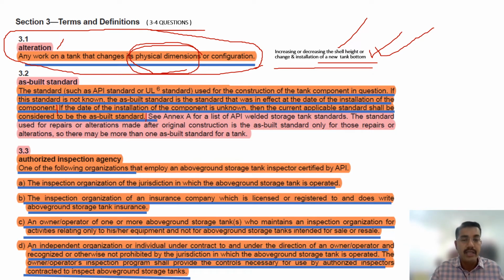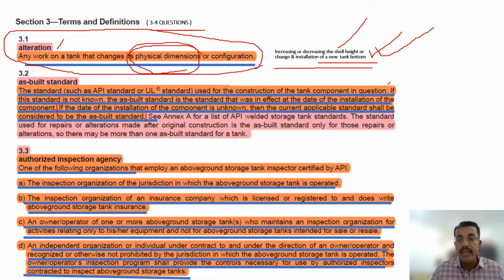Okay. First sentence. It is very important, and usually the question is asked in the exam. The standard, such as API standard or UL standard. Okay. UL is one of the safety standards to increase the safety factor of equipment. Used for the construction of the tank component in question.